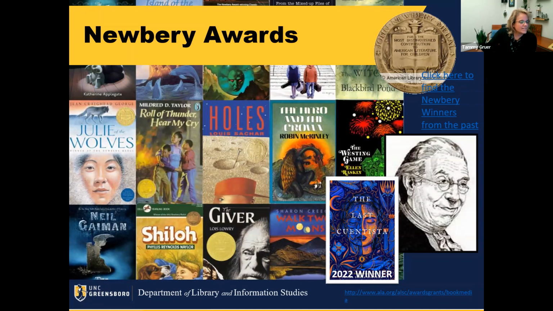On June 22nd, 1921, Frederick Melcher proposed the award to the American Library Association meeting of children's librarians. And that's when they started that and named it after Mr. Newbery here.